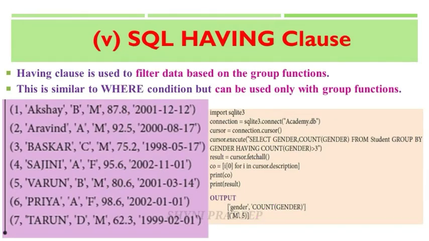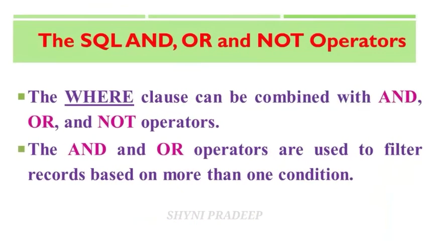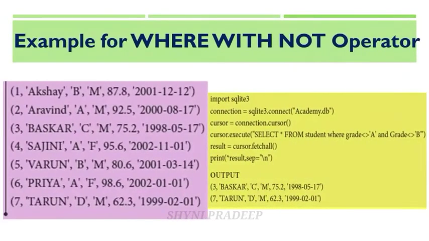Next topic is the SQL AND, OR and NOT operators. The WHERE clause can be combined with AND, OR and NOT operators. The AND and OR operators are used to filter records based on more than one condition. First see the example for WHERE with the NOT operator.